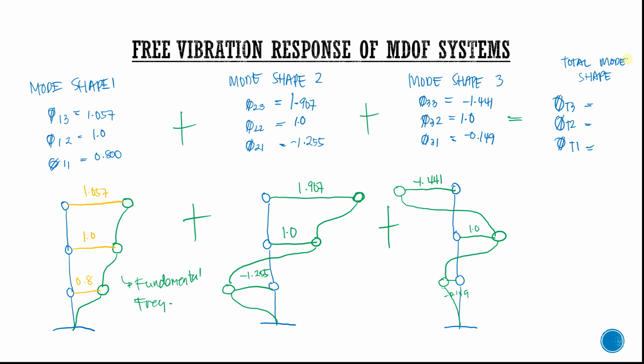For the second floor, that is just 3, 1, and then the average of that will still be 1.0. For the topmost floor, we have 0.508, and for the first floor, we have negative 0.201.